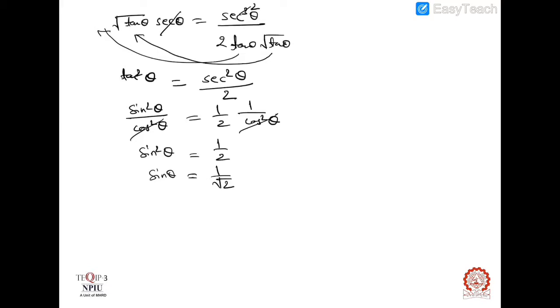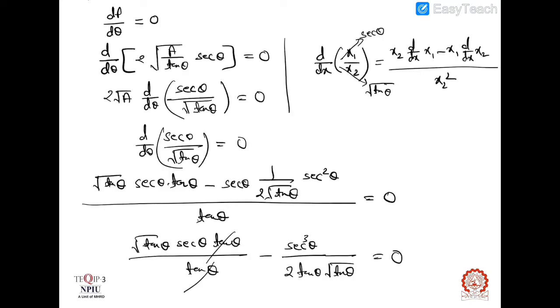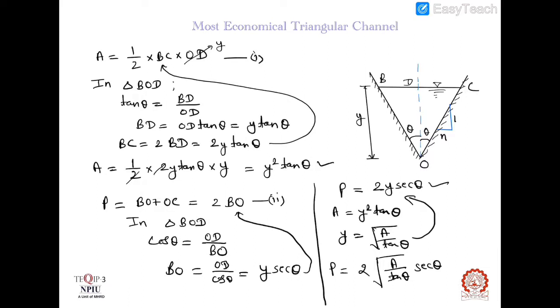And we know for theta equal to 45 degree, sine is 1 by root 2, hence sin theta is equal to sine 45 degree, so theta is equal to 45 degree. So for the hydraulically efficient or most economical triangular channel, this theta, the side slope, should be equal to 45 degree.